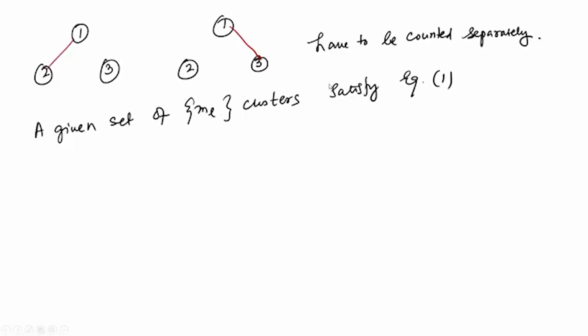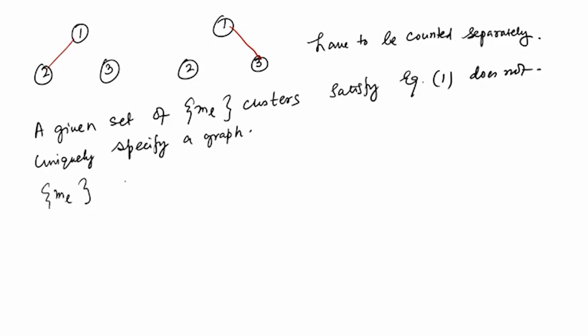So, for a given set ML, with M1 one-particle clusters, M2 two-particle clusters, and so on, does not uniquely specify a graph. What it means is that this set actually denotes a bunch of graphs.